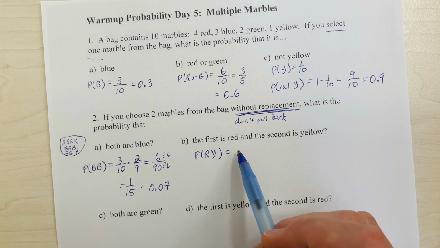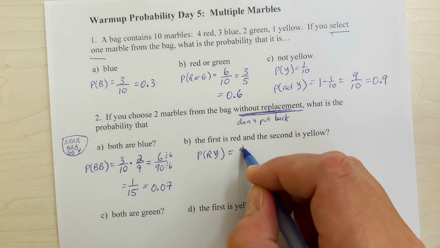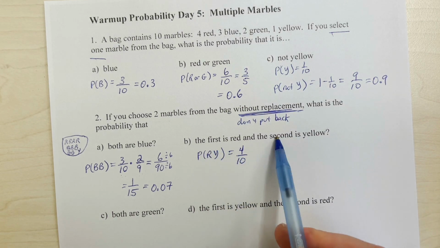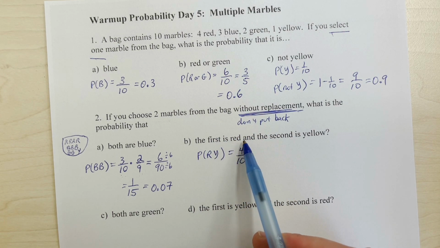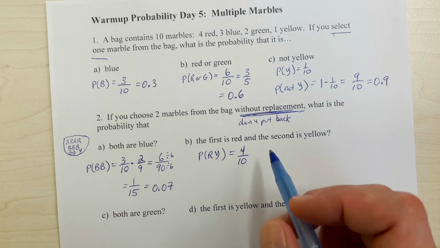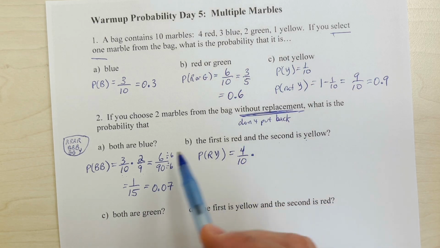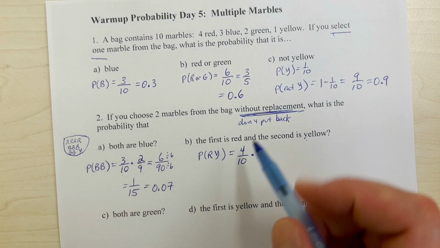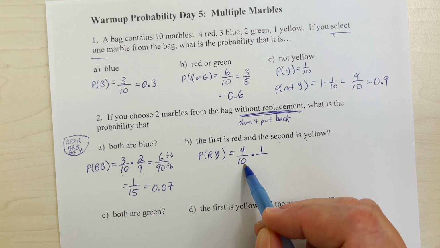All right, now for red, I'll use my visual here. We have 4 reds out of 10. This is a new problem, by the way, so we go back to 10 for part B. So we have all the marbles, we have 10, 4 of them are red, times the second one is yellow. Well, we only have 1 yellow, so there's only one way to succeed, but we no longer have 10 marbles.